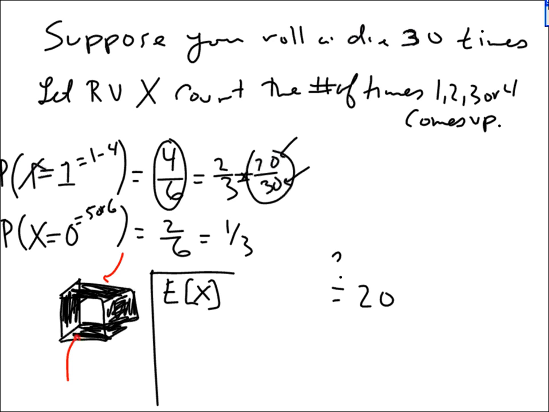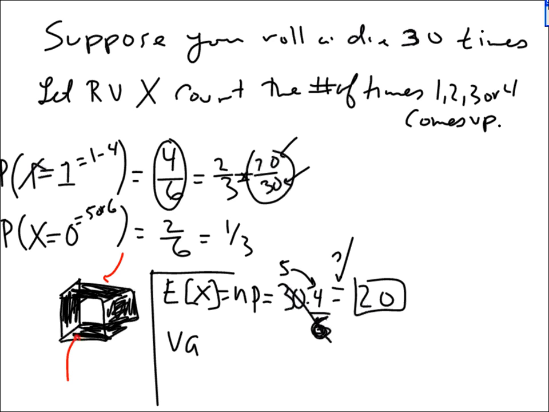And the question is, do we get 20? The formula says it's np. n is the number of times you do this experiment, which is 30 times, and p is the probability that you get 1 through 4, which is 4 over 6, or if you prefer, 2/3. 6 goes into 30 5 times, and 5 times 4, yep, it's 20.